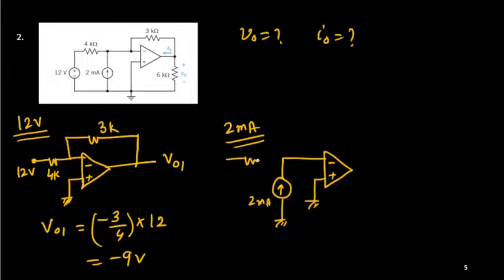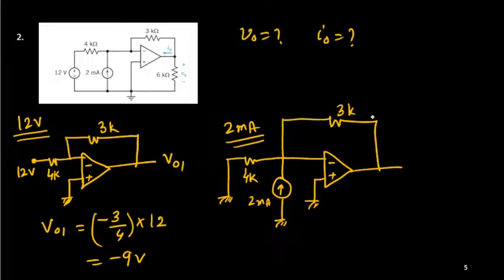This resistance is there, but this source is not there, I have made it shorted. So the 12 volt source we have grounded. So this is your 4K. And now from here there is a feedback. This feedback is 3K. So what is the output?